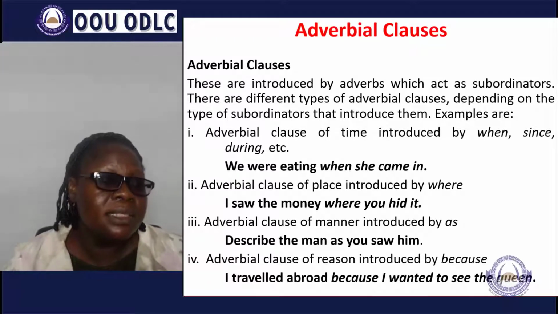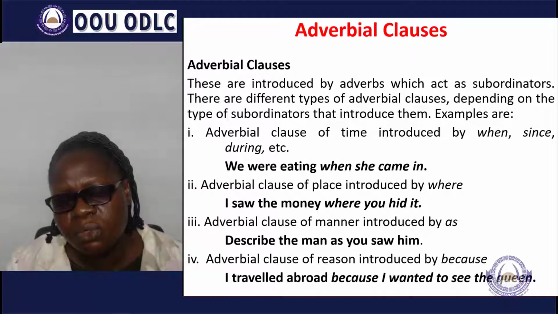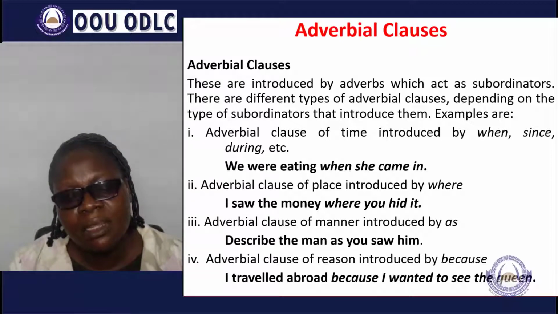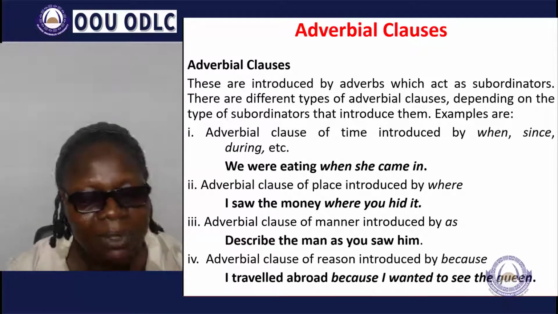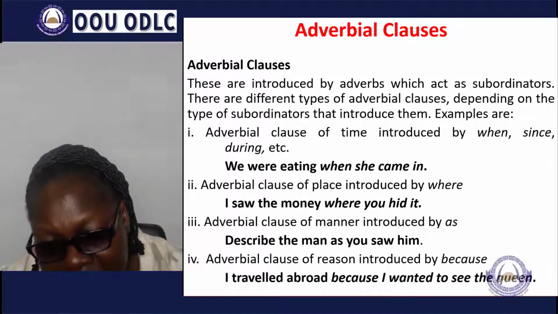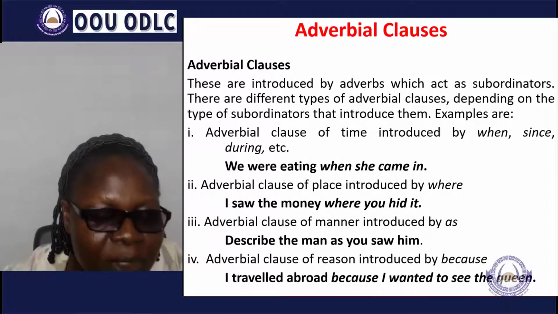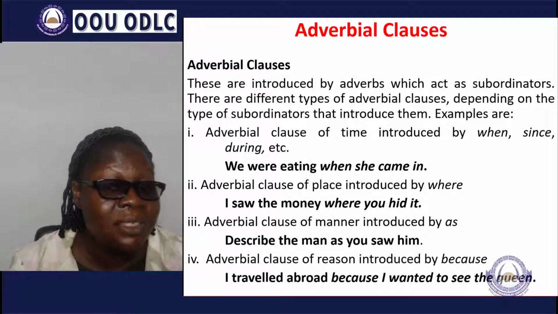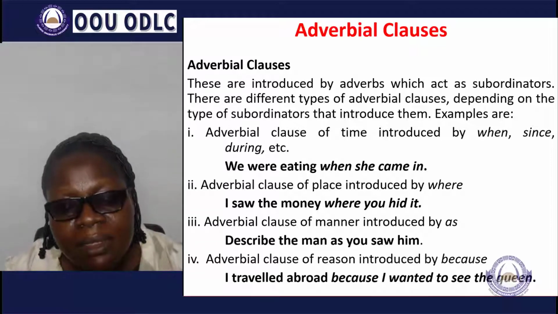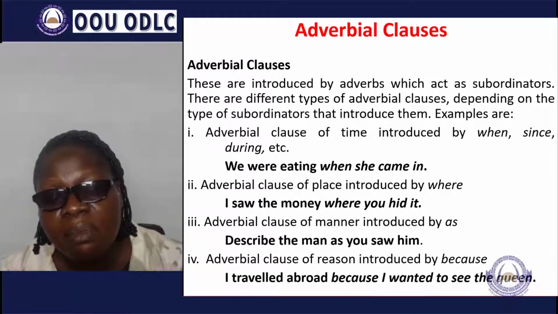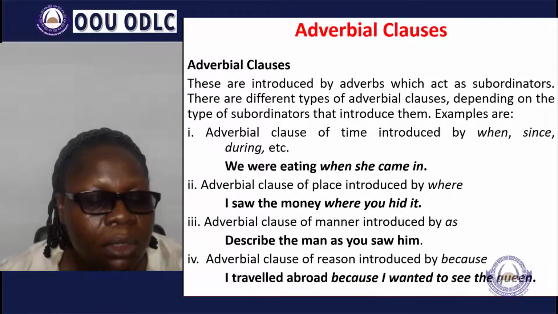The main clause there is describe the man. I can ask you to do that for me. Please describe the man. But when I stand before you and I say, as you saw him, does that make any sense on its own? That's why it is a subordinate clause. So describe the man as you saw him will give us a complete thought. As you saw him is incomplete on its own.